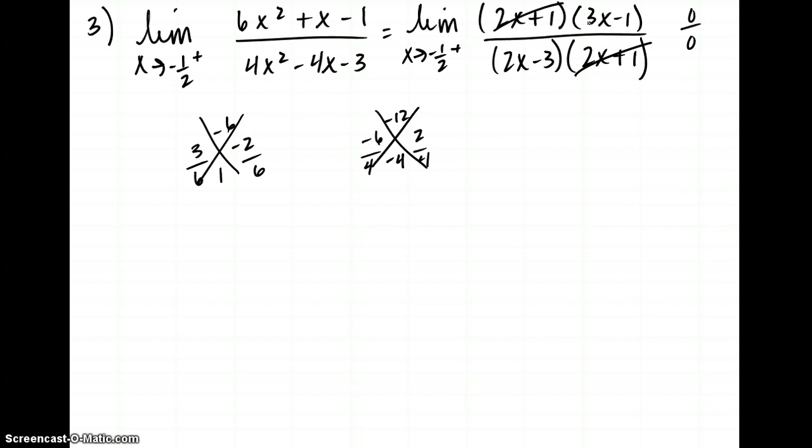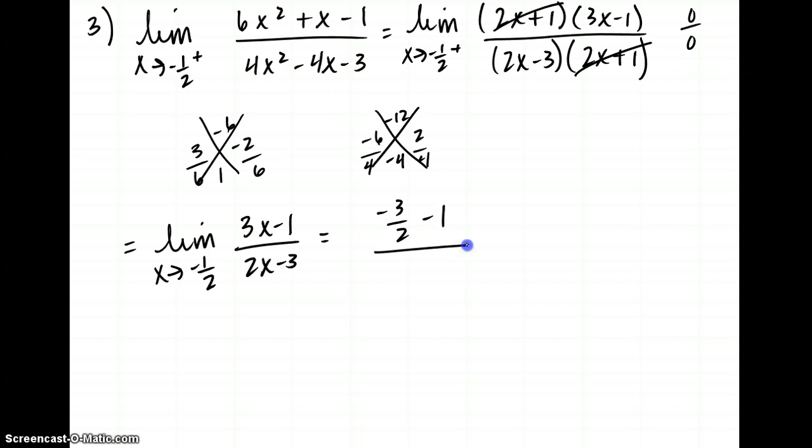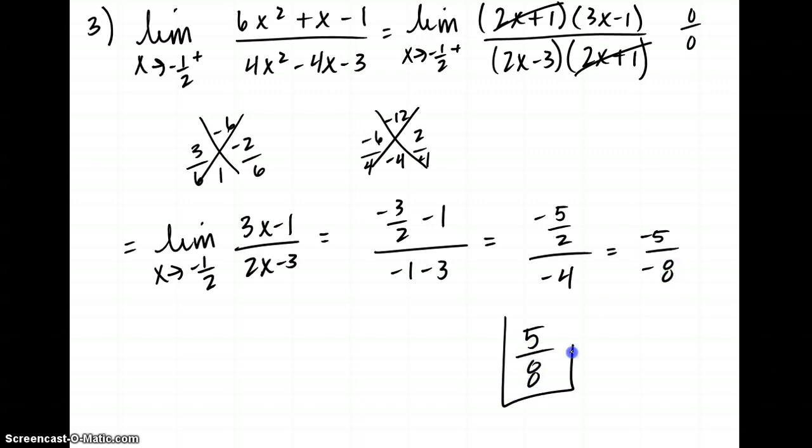Since we canceled that factor out in the top and bottom, now the one-sided limit is just going to be a direct substitution into the simplified function. 2 times negative 1/2 would be negative 1 minus 3. My numerator would give me negative 5/2 all over negative 4. So negative 5 over negative 8. All that work for 5/8 as an answer.